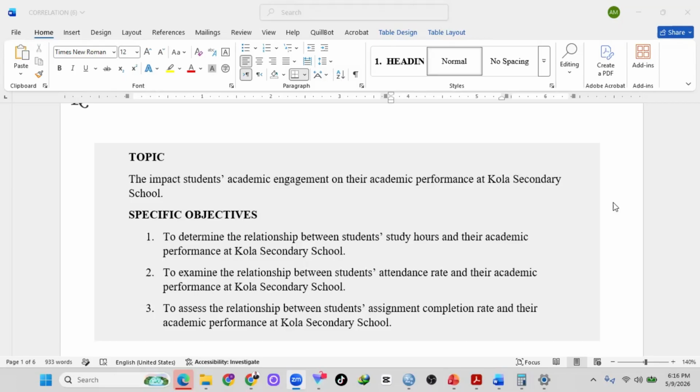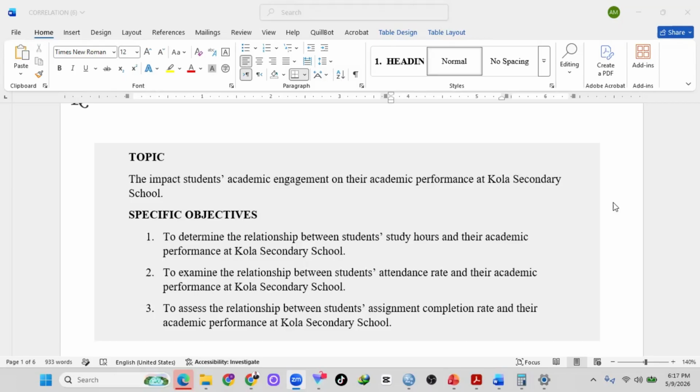Our variable is the attendance rate in objective two. And then the relationship between students' assignment completion rate and their academic performance, with our independent variable being the assignment completion rate.